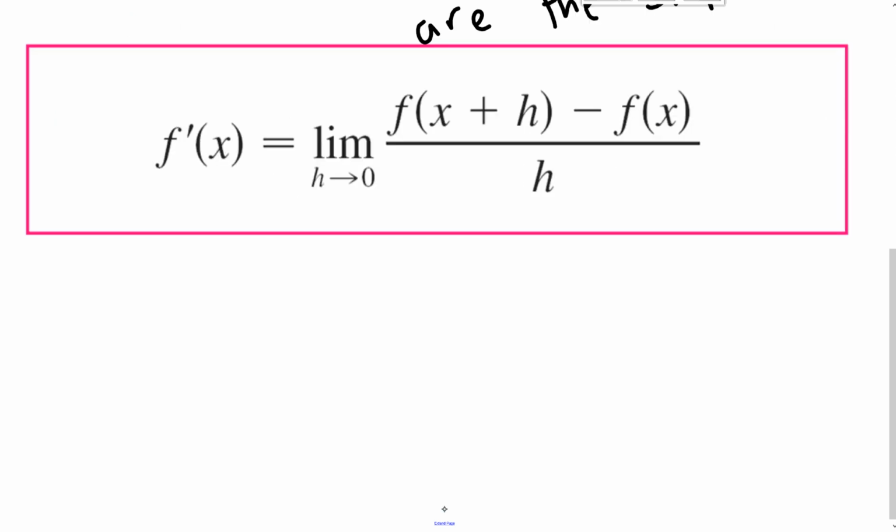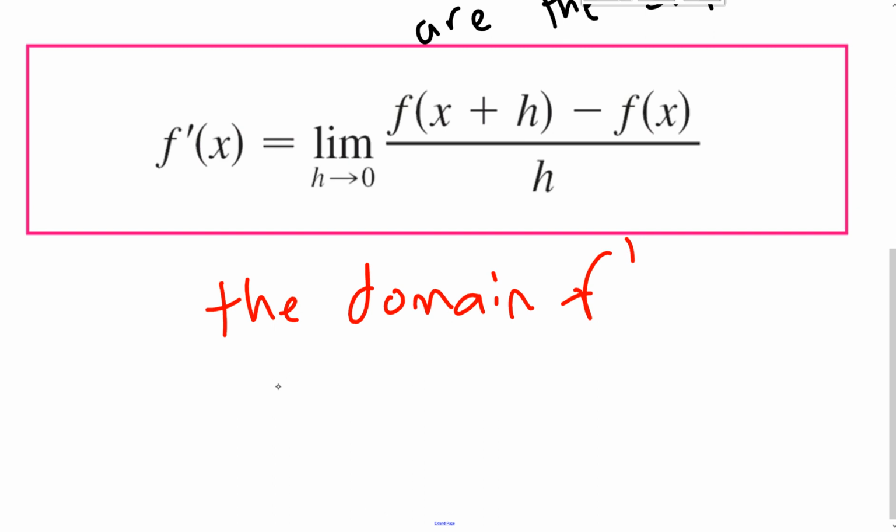Now, the domain is, like I said, your x's, but the domain of f prime, so the derivative, is all the x's as long as the derivative exists at that point.